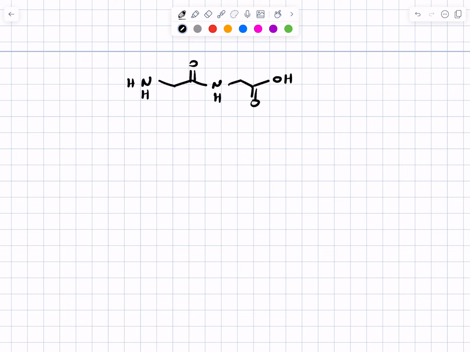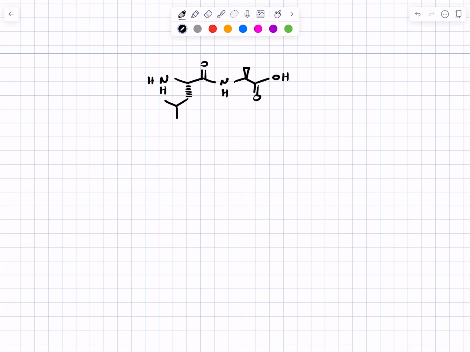You want to make the following, what we're going to call a dipeptide, and it's composed of 2 amino acids. This portion happens to be called leucine, and this portion happens to be called alanine. And you want to make it from the starting amino acids.